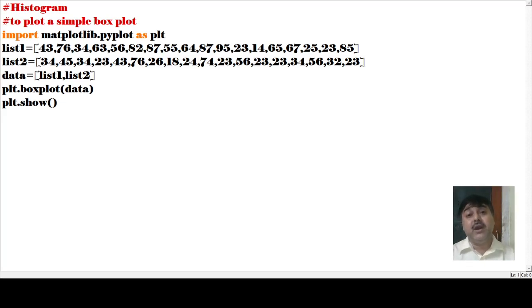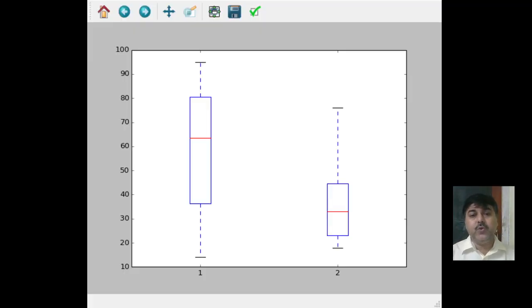Now let us see, this is the floating box or floating graph. Let us see what the output of it is. So you see here, this is a floating graph, or we can say a box graph. Okay, floating graph or box graph.